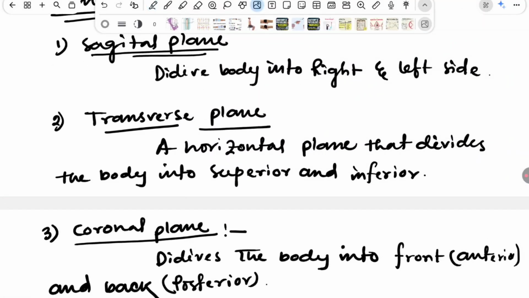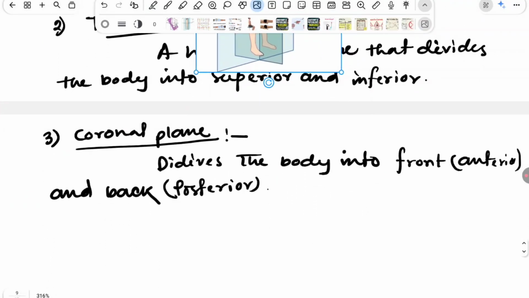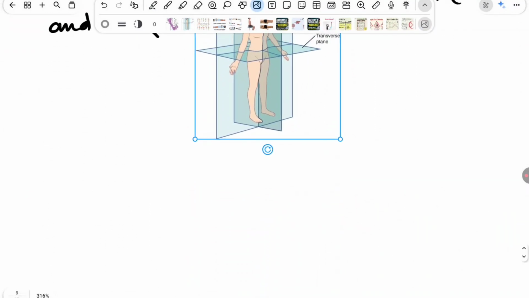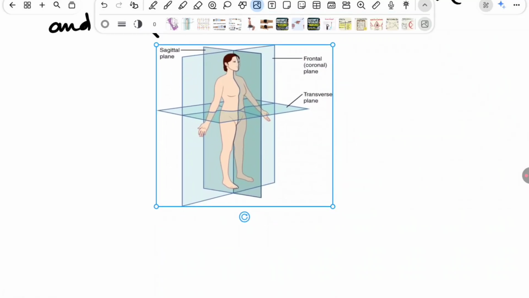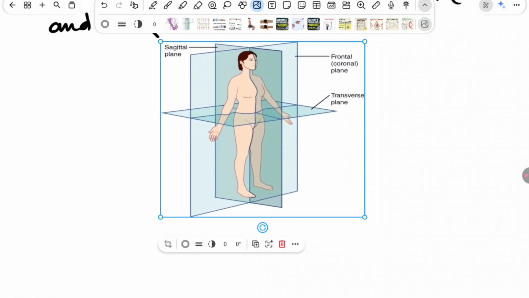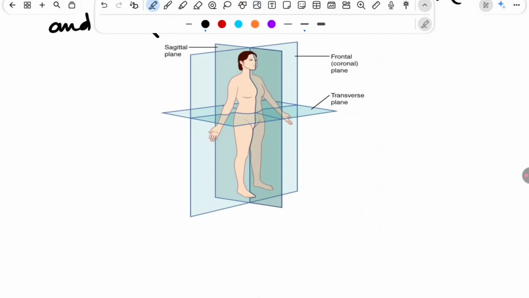Now I will show you one picture. In this picture, if I divide transversely, it is this one: the upside position is superior and the downside position is inferior. If I divide into front and back, that is the coronal plane: this is the anterior side and that is the posterior side.